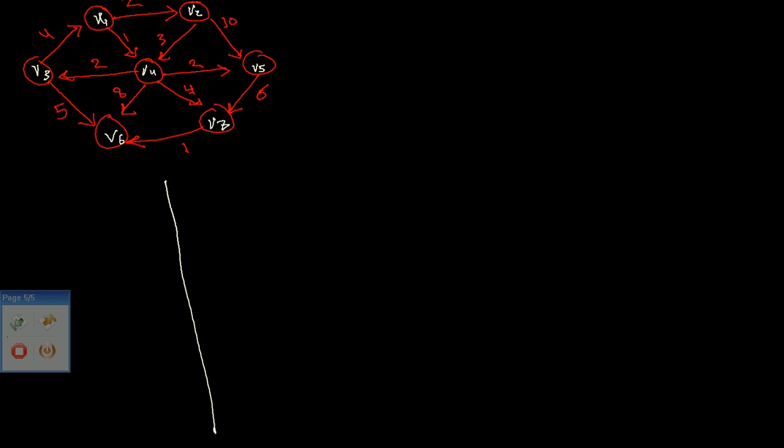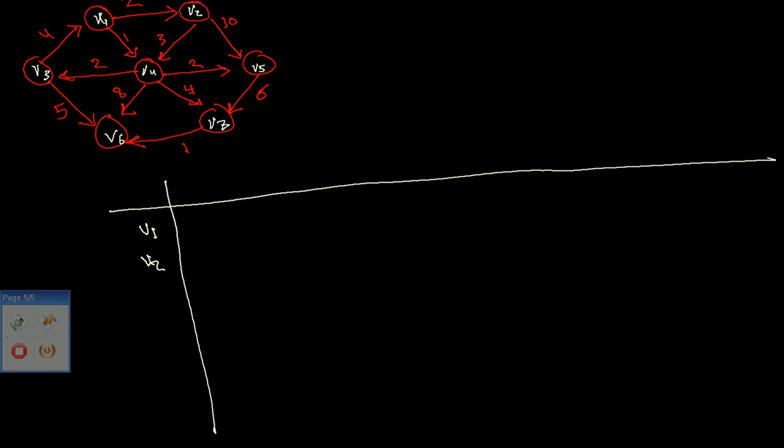So we make the table, and here we put the vertices: v1, v2, v3, 4, 5, 6, and 7.